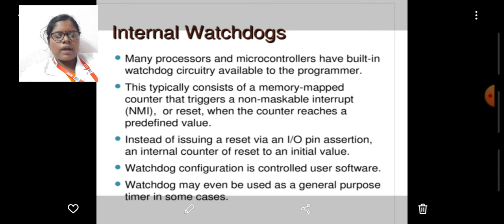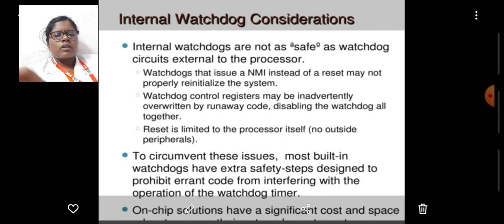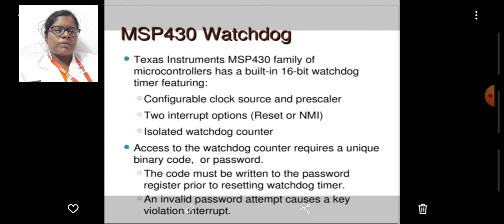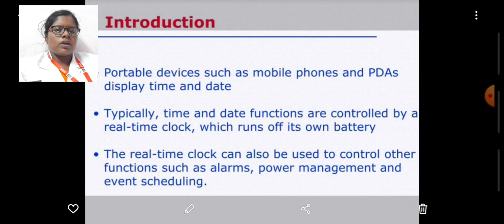The watchdog timer has a number of applications, such as mobile phones, temperature controllers, etc. And these are the considerations for an internal watchdog, how it should work, and how it should be replaced by safer watchdog circuits. Next, one example for watchdog is the MSP430.